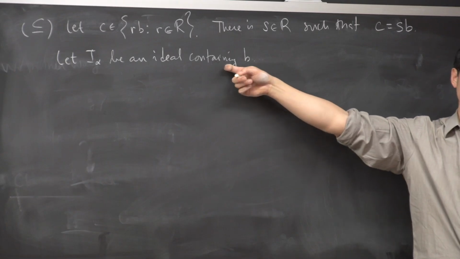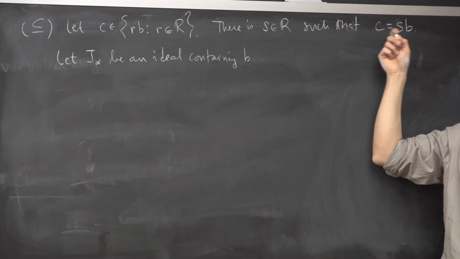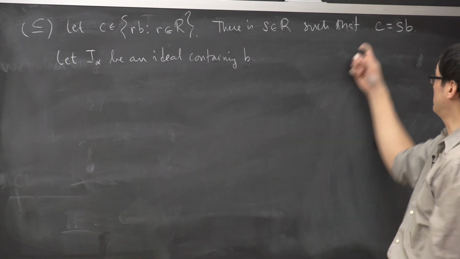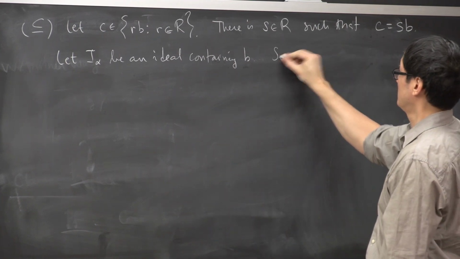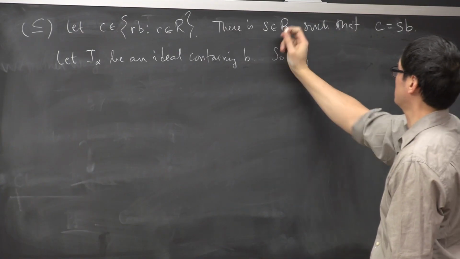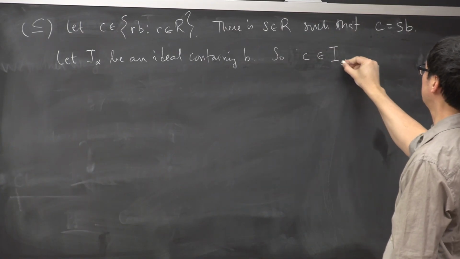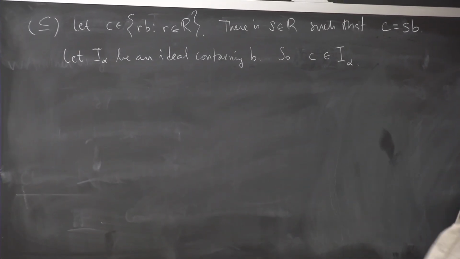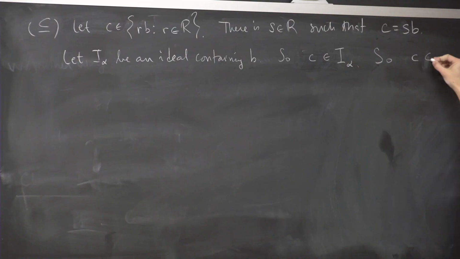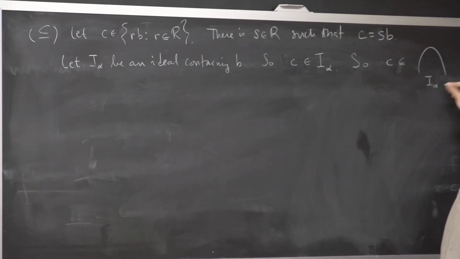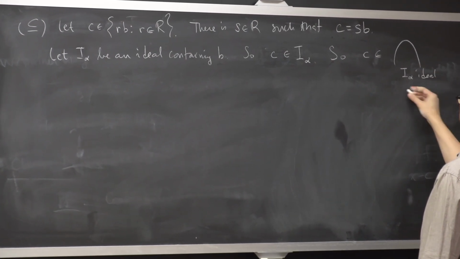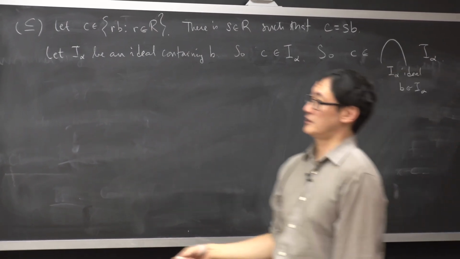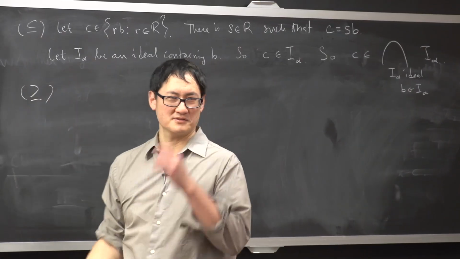B is something in an ideal. C is a product of something with B, so therefore what can you conclude? So C, by absorption, lies in I alpha. Make sense? So what did I just show? I think I'm done, right? So C lies in the intersection of all possible ideals that contain B. Easy. Hard, but easy. When I first looked at this, when I was a student, I'm like, what?